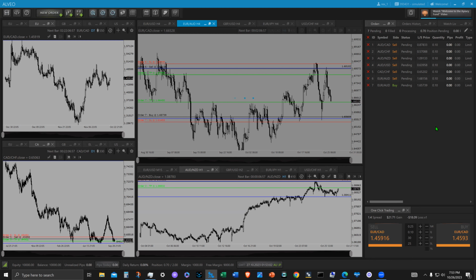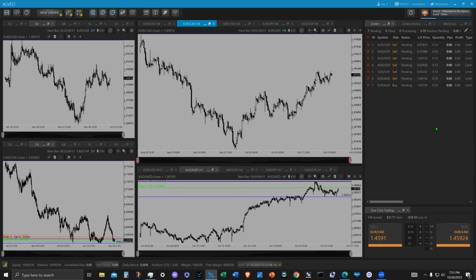EuroCAD. And also, if you're a scalper and that's what you're working with, be sure you share that with us, because we have scalpers here. We do everything. 4, 5, 4, 3, 7.